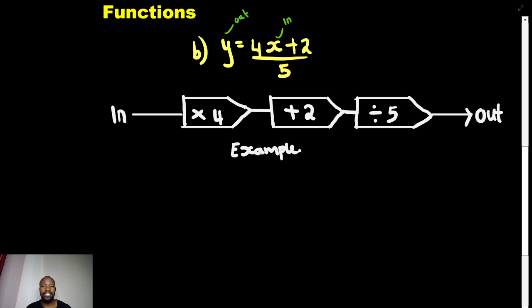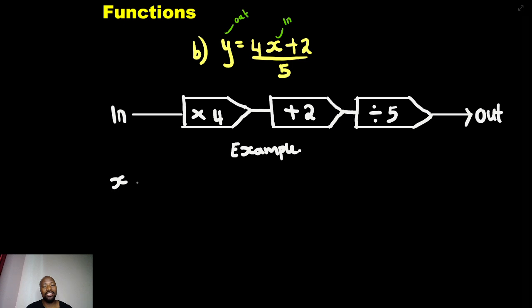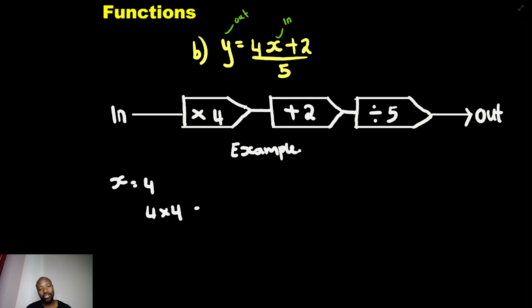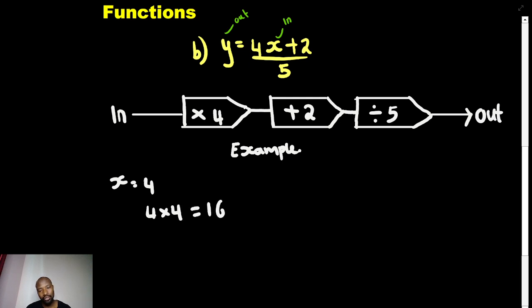if someone says, let's say our input was 4, let's say x was 4, or x was any number that can come to my mind. So x was 4. And then that means that we are going to do 4 times 4, which gives us 16.